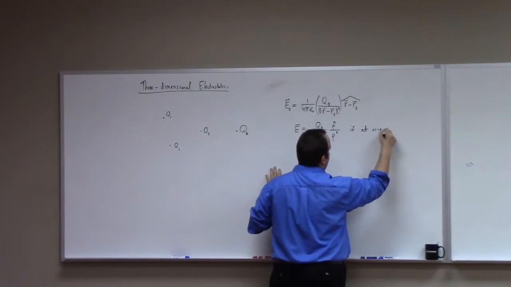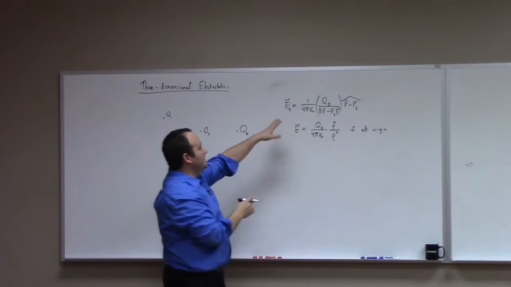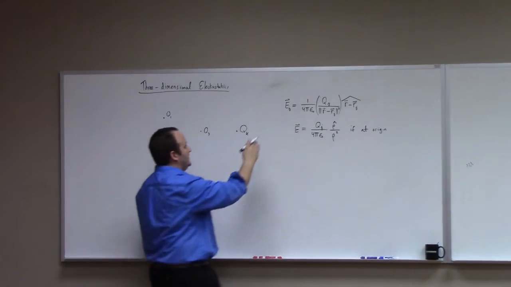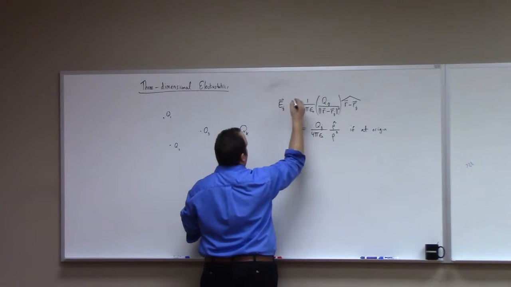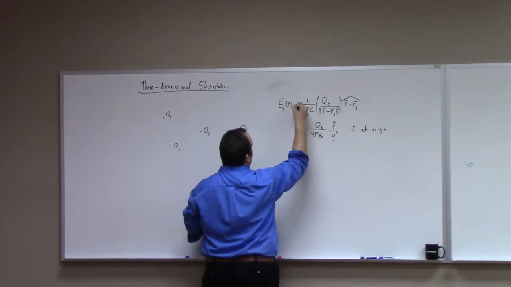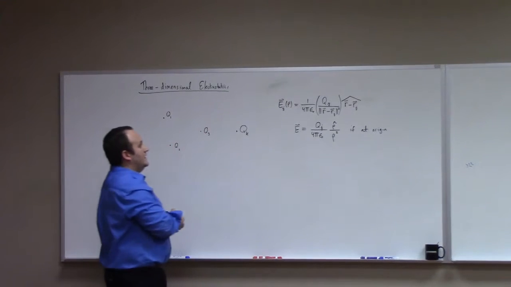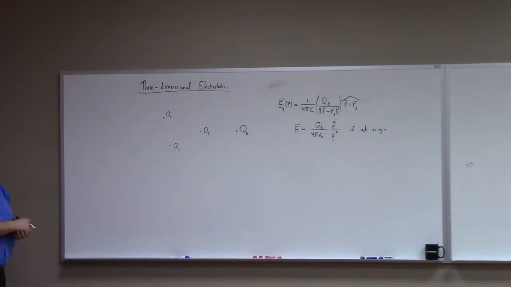If at origin, the formula above simplifies a little bit. Otherwise, geometrically, all that's saying is, and here I'm talking about the electric field at the position vector, at the field point R, that's coming from the jth charge Q.